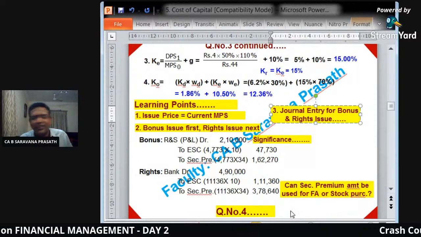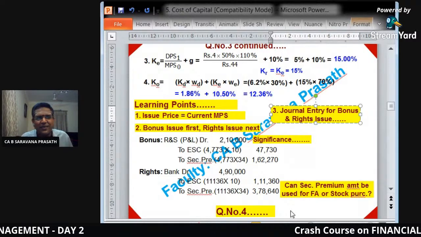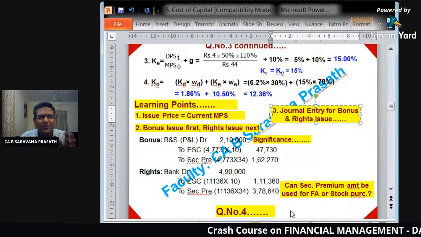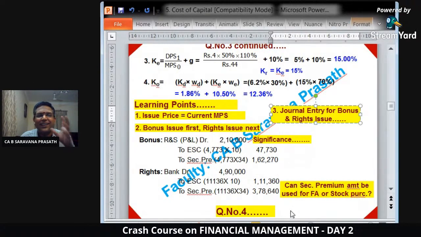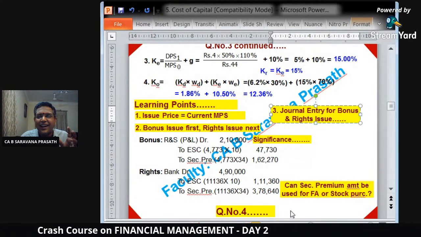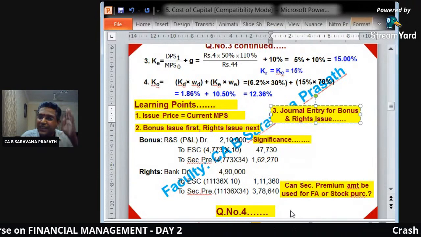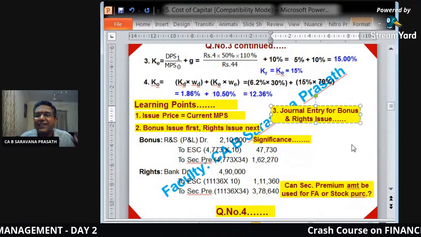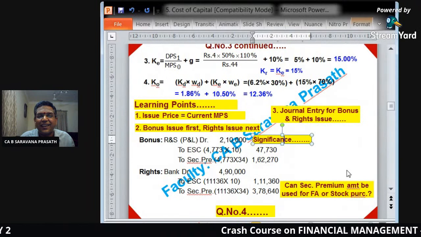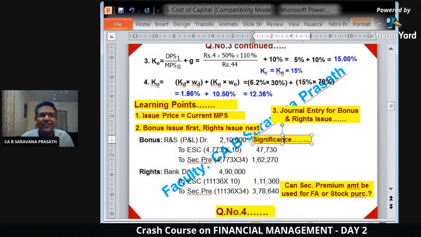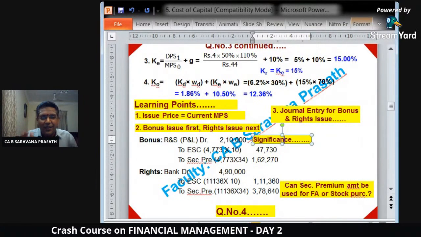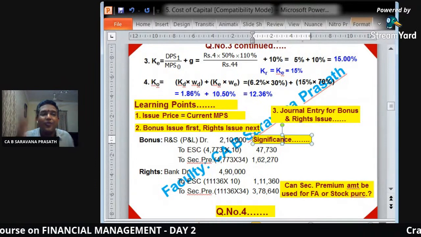So we have learned all these related points in this area. Please ensure that you gain this knowledge and understand the intention of law and the significance of passing this entry here, rather than holding this in P&L account. We are protecting the money. It should not go out as dividend.